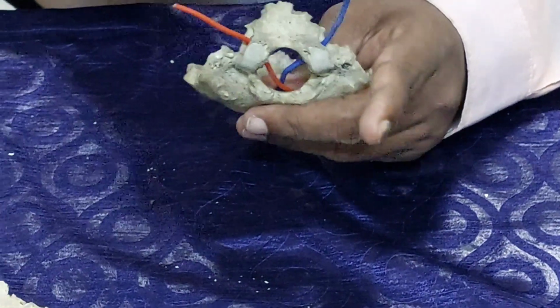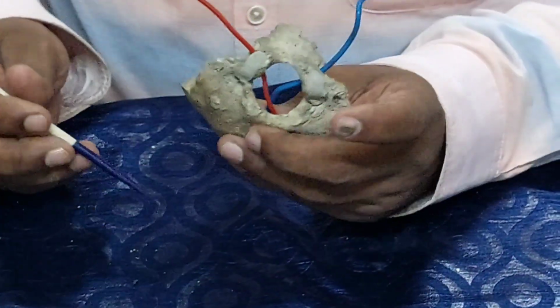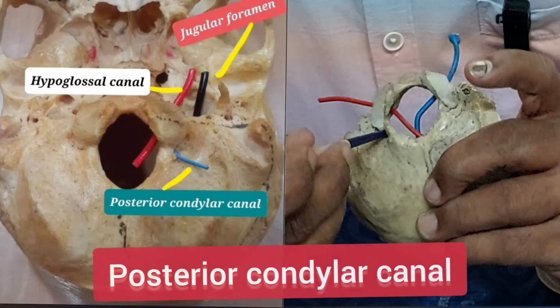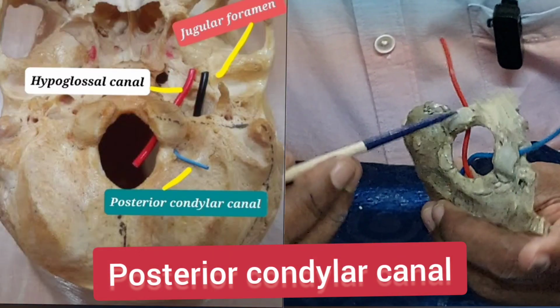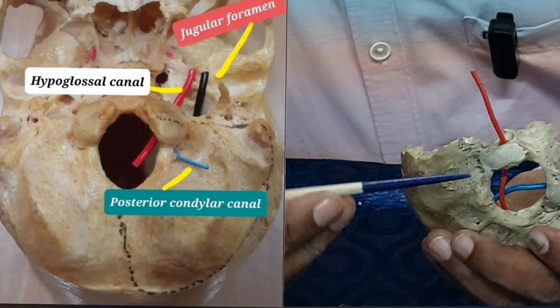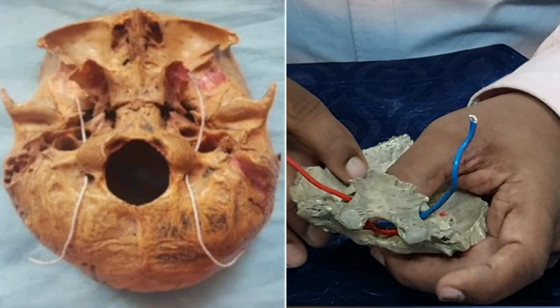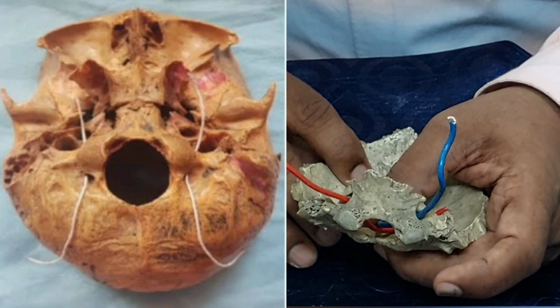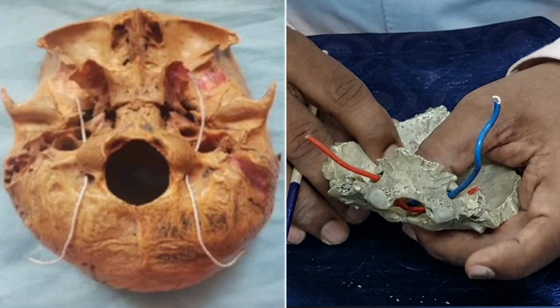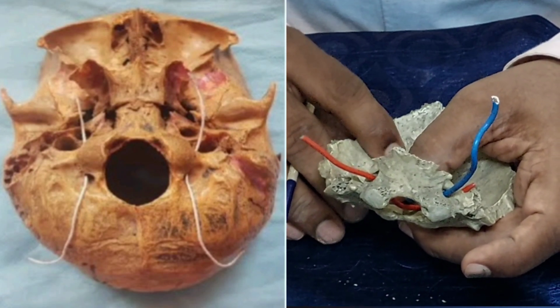Besides this anterior condylar canal or hypoglossal canal, there may be another canal which is seen from outside. This is called the posterior condylar canal, which is above and behind the occipital condyle. This is the occipital condyle, above and behind, but this canal is not always present. When present, it transmits the emissary vein and the meningeal branch of the occipital artery.